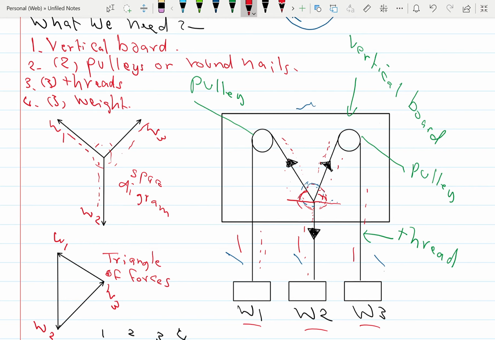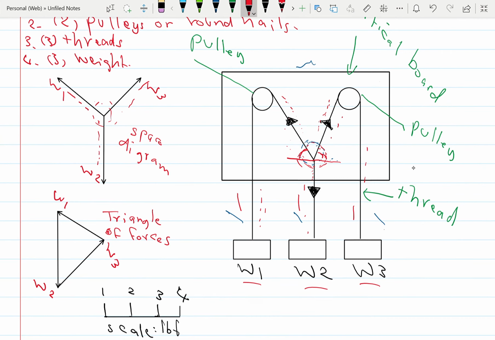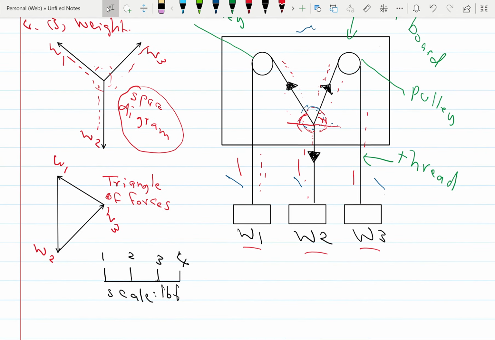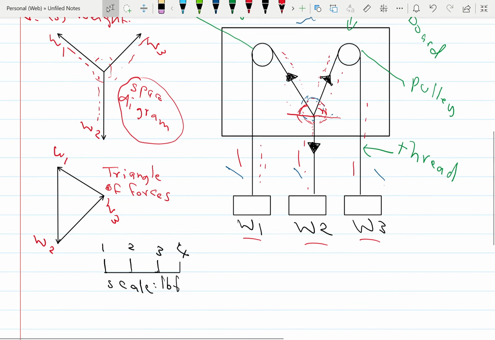From our space diagram, we can make our triangle of forces, because we have 3 forces, W1, W2, W3. In the same way, if we are working to scale, this scale could be suitable.